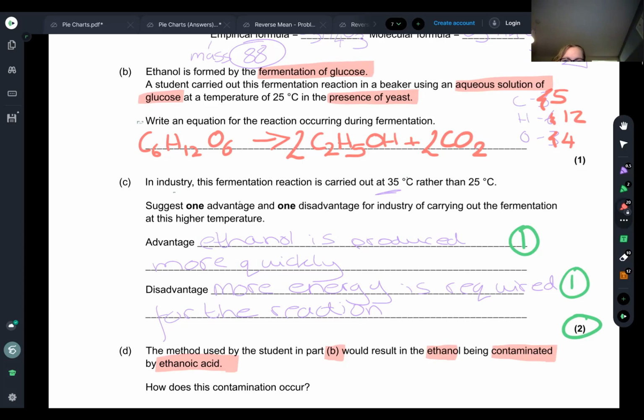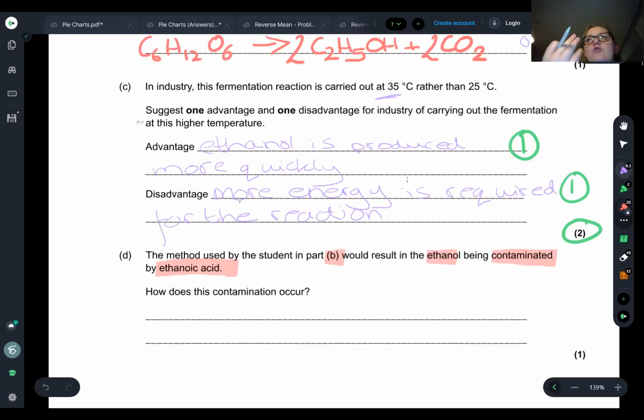So we're fermenting glucose in a beaker, and basically air is going to get in and oxidation is going to occur. So it's that knowledge of alcohols again, applying that oxidation is going to occur. So how does the contamination occur? Air gets in, so oxidation occurs, and that would get you the whole mark.